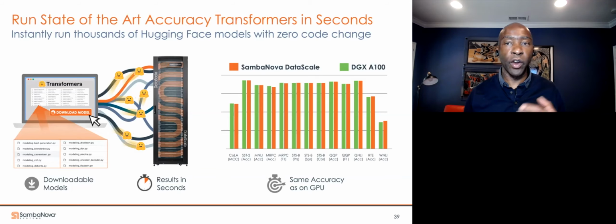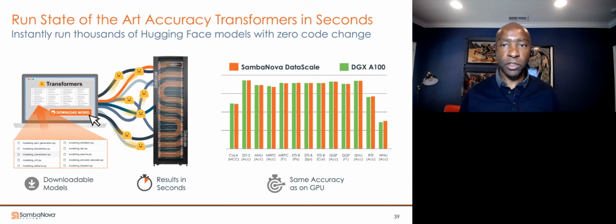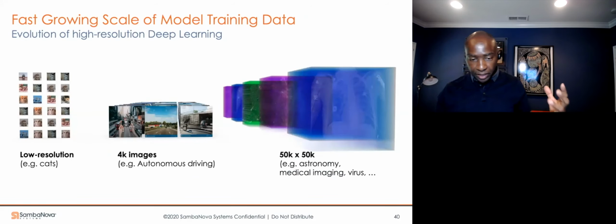And we show that with the data scale system, we can match the accuracies of these models compared to a DGX A100, but again, using much smaller systems because we've got the ability to have much larger memories.